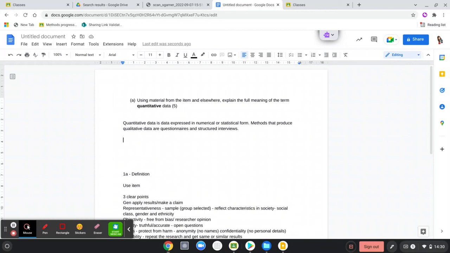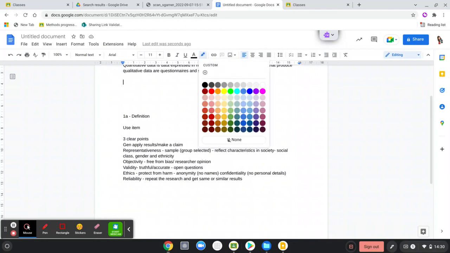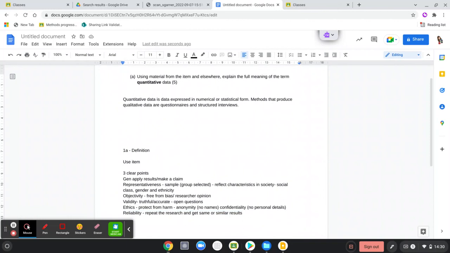Okay. Then I'm going to give a clear point. And my clear point is going to come from reliability, this one. Okay, so I've got a definition mark, and now I'm going to do a clear point about reliability.